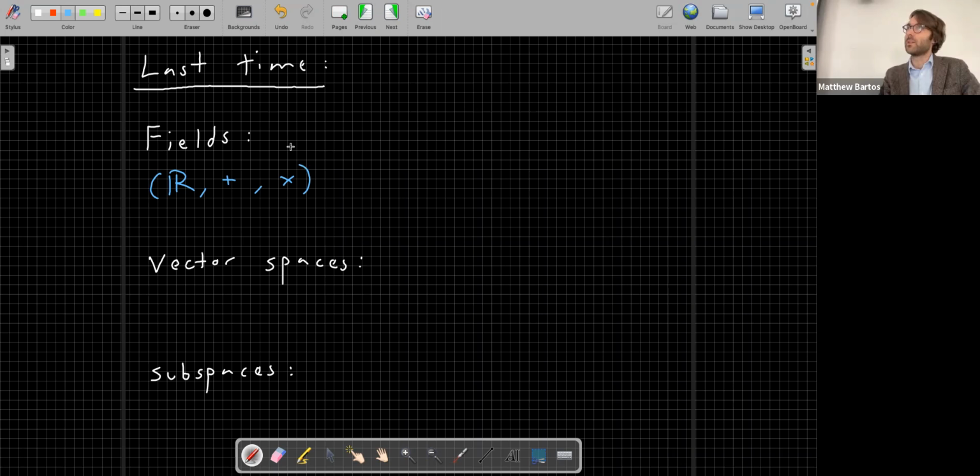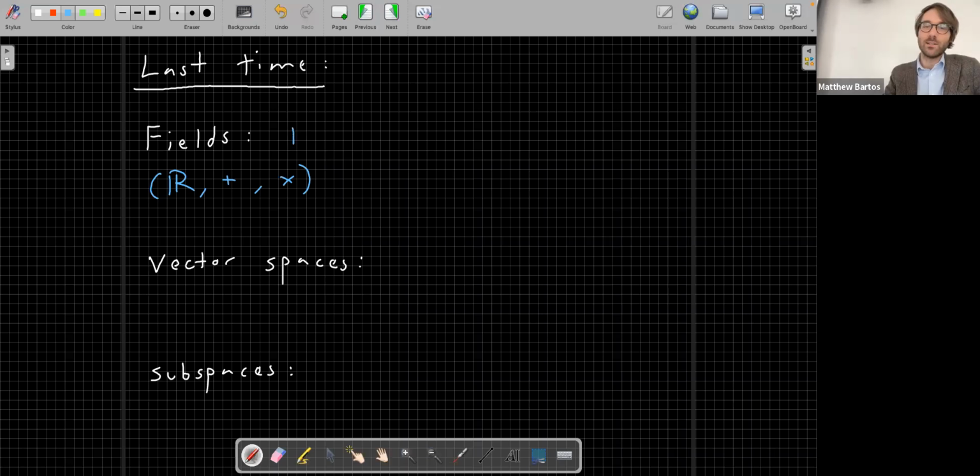Yeah, so a field consists of essentially a set of scalars along with an operation that we call addition and an operation that we call multiplication. And we also had some constraints: for both addition and multiplication, we had to have an identity element and an inverse for each of those operations.